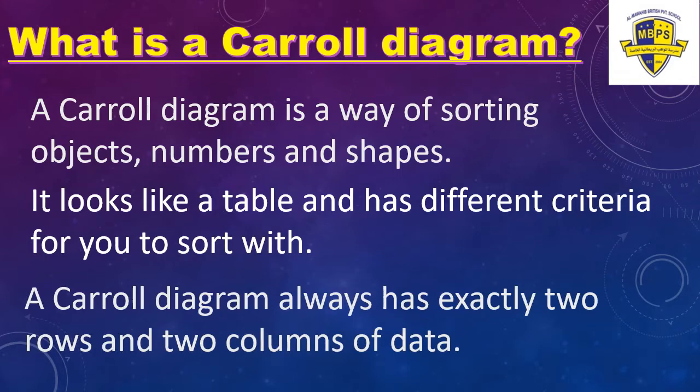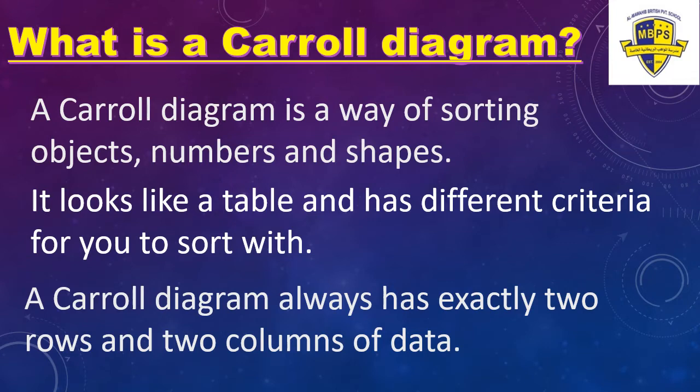Okay students, now let's see what exactly we mean by a Carroll diagram. A Carroll diagram is a way of sorting objects, numbers and shapes. Any information or data that we have, we can group according to numbers, shapes, colors.